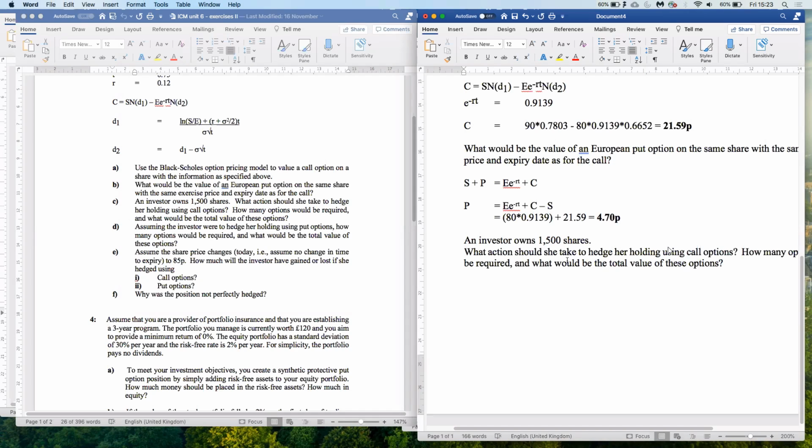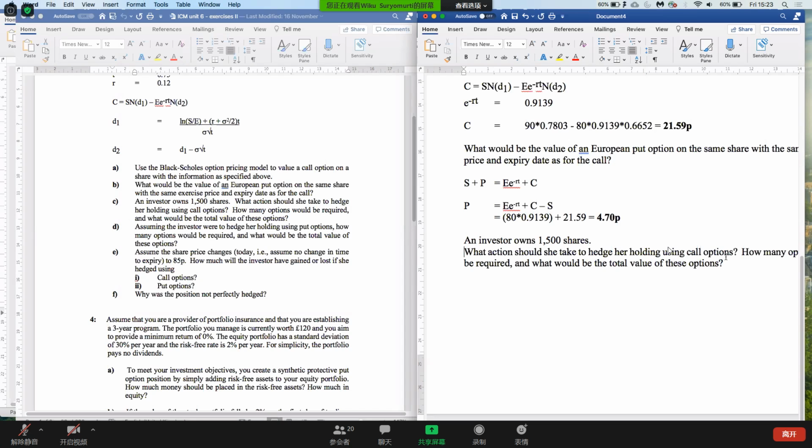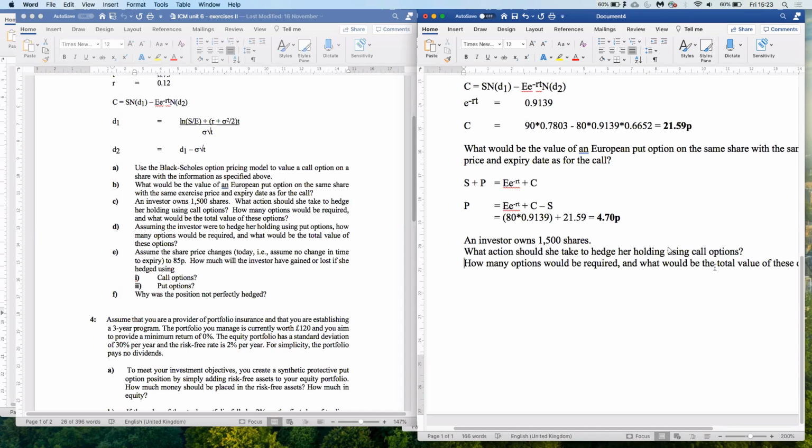What action should she take to hedge her holding using call options? Okay, so she wants to hedge her holding using call options. And then how many options would be required and what would be the total value?